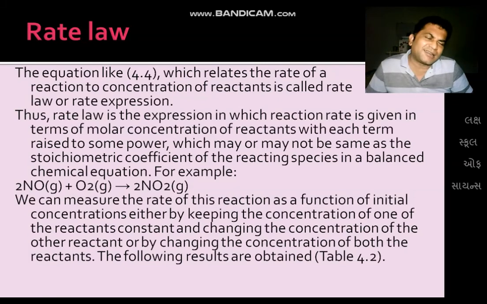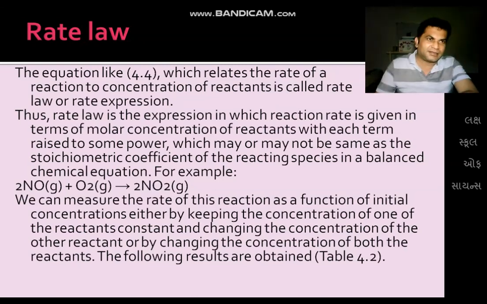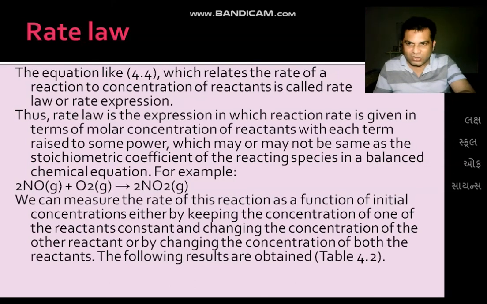And for that we are going to do two examples. Very interesting examples. The first example: 2 times nitric oxide reacts with 1 time oxygen to produce 2 times nitrogen dioxide.